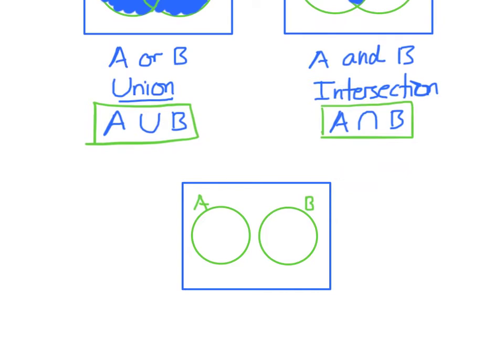Okay, so in this empty Venn diagram, we have two sets, set A and set B. But notice in this case there's no intersection, there's no overlapping. And so these are examples of disjoint sets. Okay, disjoint means that there's no intersection.